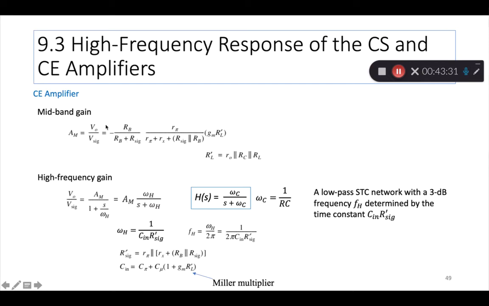For the high frequency gain, you take the midband gain and then multiply by this factor. Again, this factor reminds us of a low pass STC network with a 3 dB frequency FH determined by the time constant C in R prime signal, which is here. R prime signal is nothing but R pi in parallel with another resistance. C in is the sum of C pi plus C mu modified by the Miller multiplier.